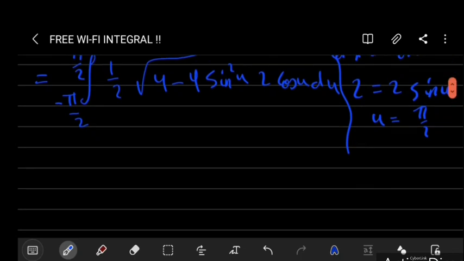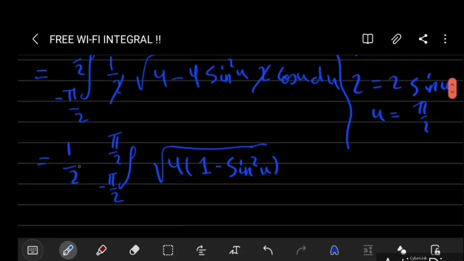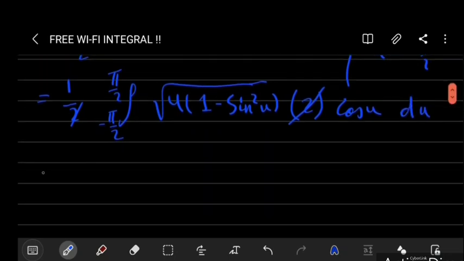Now we can take this half outside, so it will be half the integral from negative pi over 2 to pi over 2, and now we can take 4 from this square root, so it will be 4 times 1 minus sine squared. This 2 cancels out with this 2 and also with this, so it will be 2 here, and this cancels with that, so we have cosine u here du. So the integral will be like that.